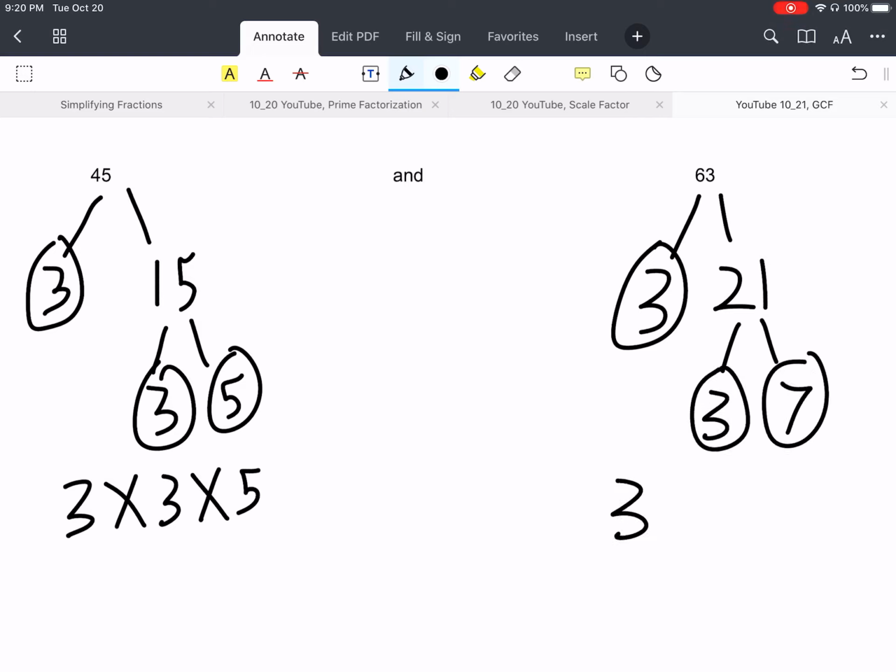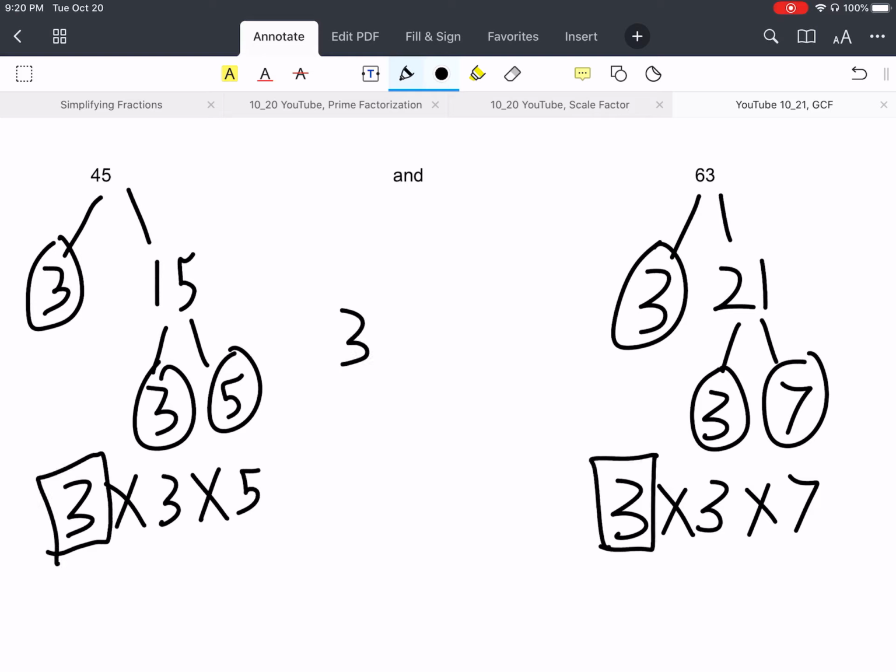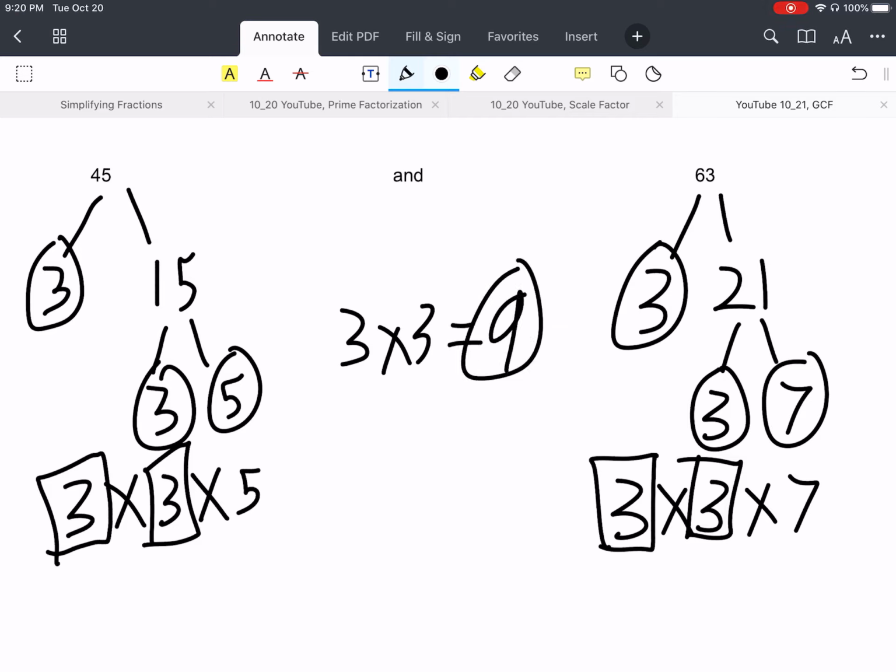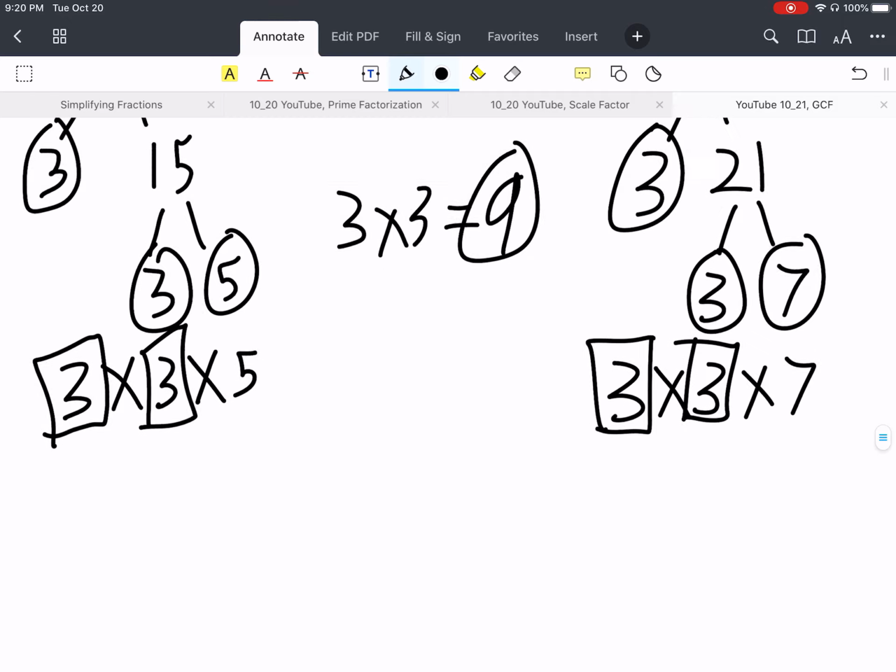So that is 3 times 3 times 7. So I have a pair of 3's here. Better box that one. And another pair of 3's here. And that leaves us with 3 times 3 in the middle, which equals 9. So just a quick recap. We do the prime factorization, and then we identify the pairs.